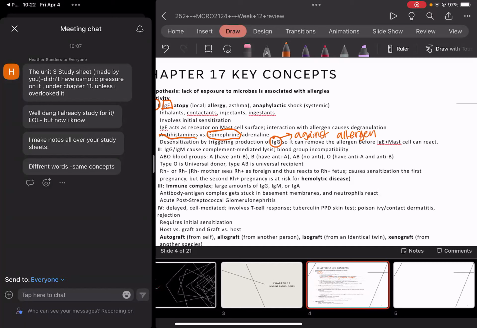You don't get inflammatory symptoms. You don't get itchy eyes. You don't get hives. Your IgG response just eliminates it. Instead of an IgE response leading to itchy eyes, hives, etc., you get IgG to just eliminate the allergen, and so IgE never gets a chance to have the allergic response.